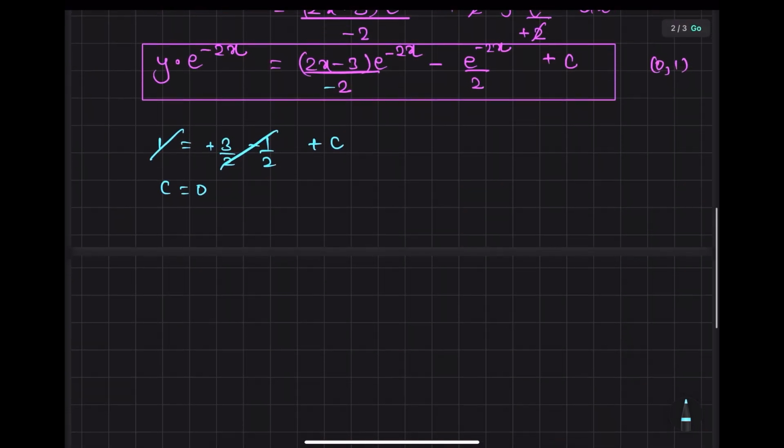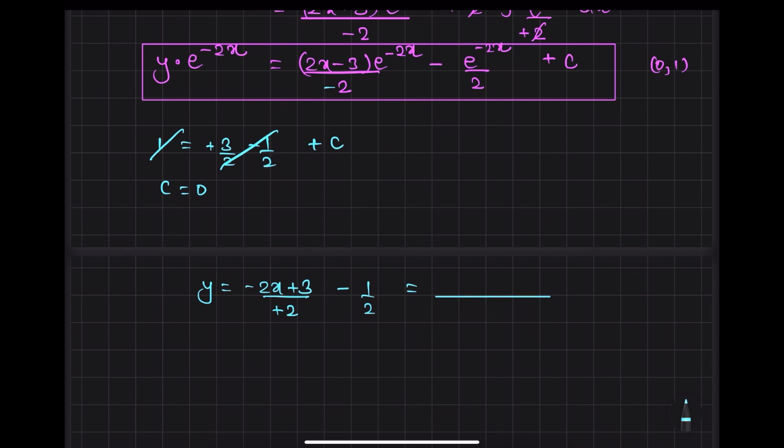If the value of c is 0, you will observe that everywhere you have e power minus 2x. So you can multiply both sides by e power minus 2x. So you will be left with y equals (2x minus 3) by minus 2 minus 1 by 2. So this minus will go upward. Let's simplify things.